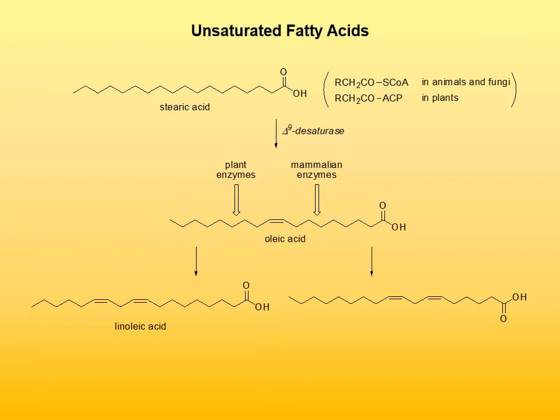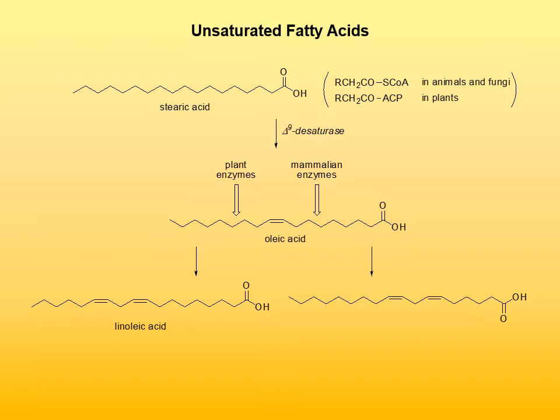The most important enzyme that is involved in this process is delta-9 desaturase, and NADPH and oxygen are the stoichiometric reagents. Substrates for dehydrogenation are coenzyme A esters in animals and fungi and ACP esters of fatty acids in plants.